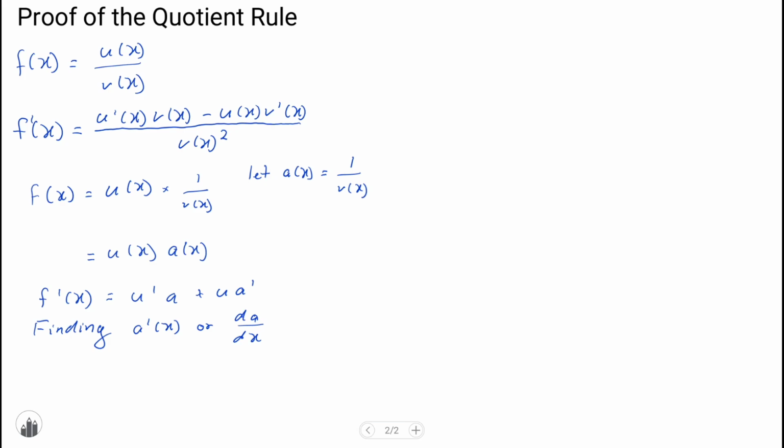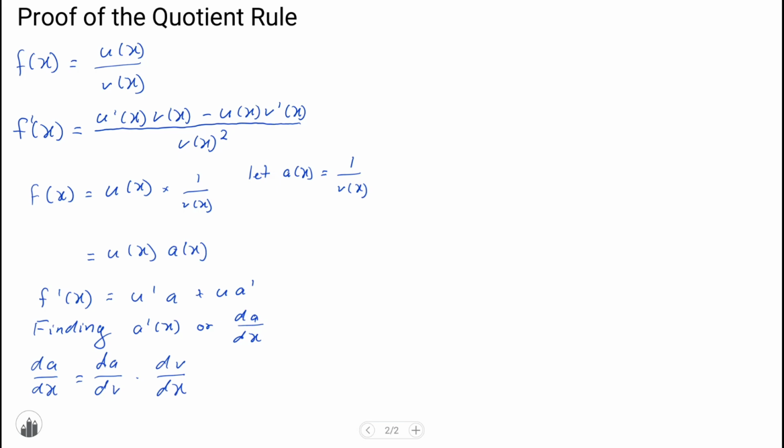Well, recall that using the chain rule, we can just do this. I mean, it already has a function of v in it, right? So we can just say dA dx is equal to dA dv times dv dx.